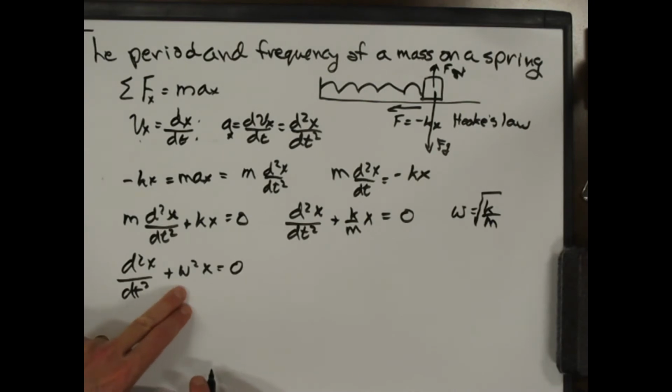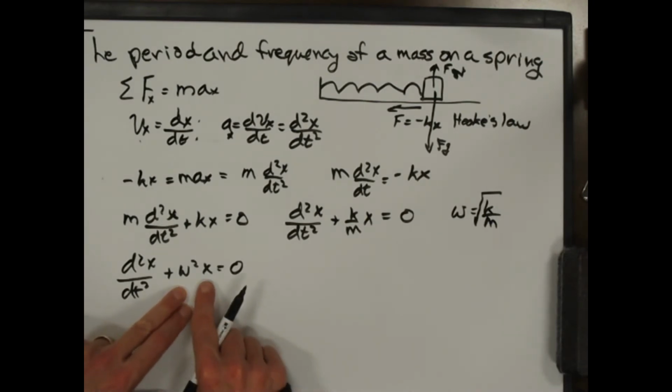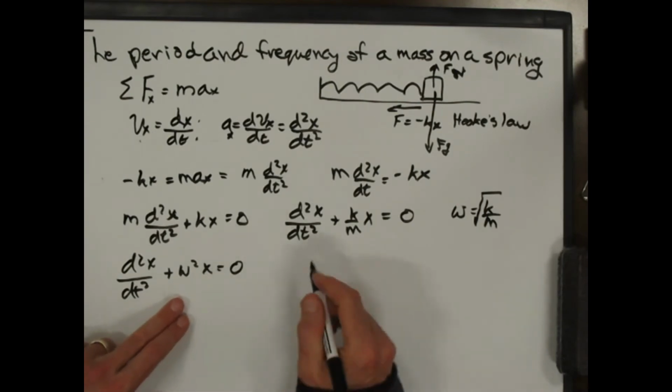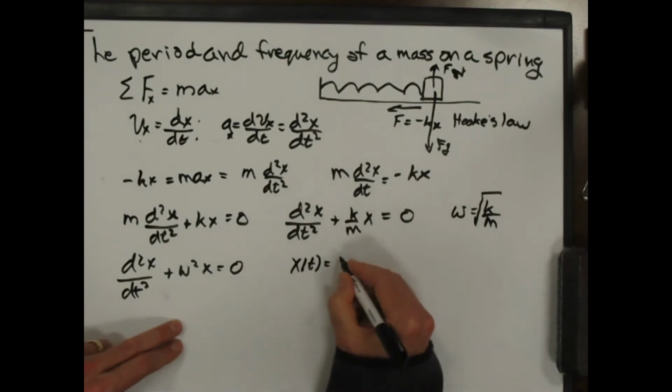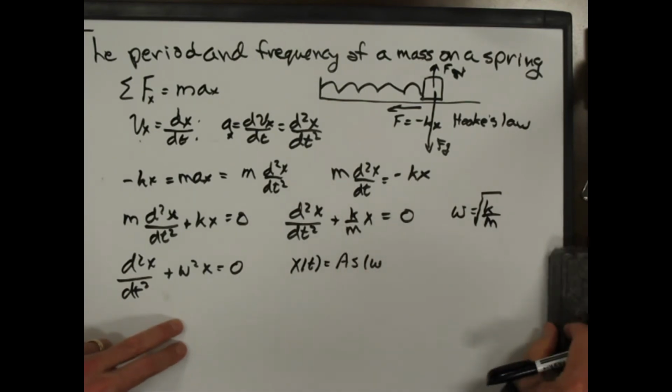And I'm going to say, functions. You already are aware of functions whose second derivative, when added to the function itself times a constant, gives you 0. Hopefully you've seen these.